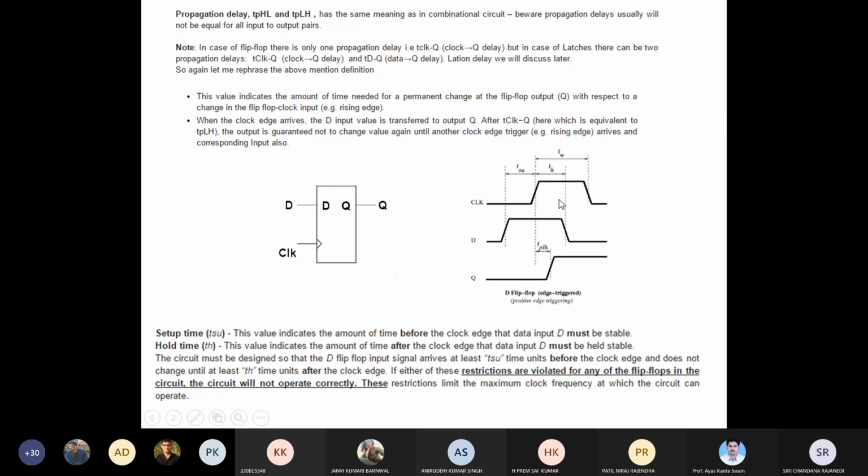Now TPLH is the period when the output changes after your hold is done, going from low to high, and whatever period it takes. What he wants to say is that in the D flip-flop, the TPLH will be calculated with respect to the clock, not with respect to the D flip-flop input.